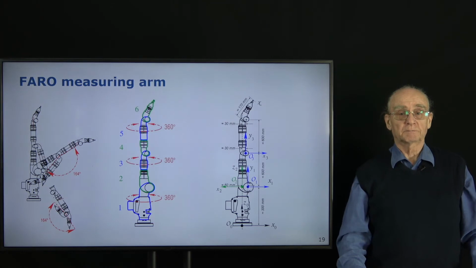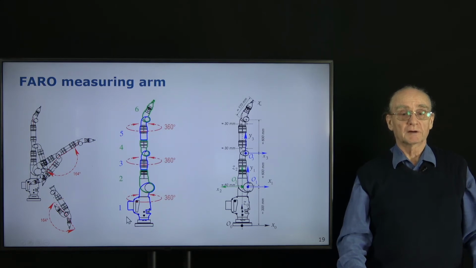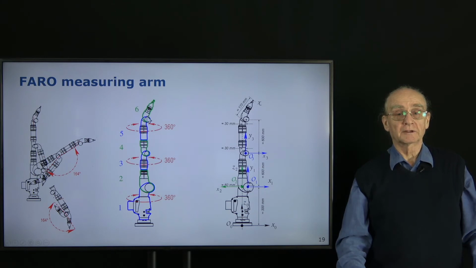Now, this is a description of the FARO measuring arm as you saw it just now. So you have here the basis. You have here the first link, the second link, the third link, the fourth link, the fifth link, and the last link to the measuring point here. You see that the first link can be rotated by 360 degrees.